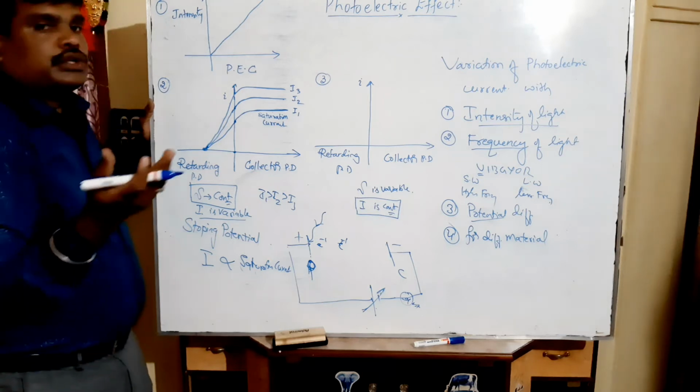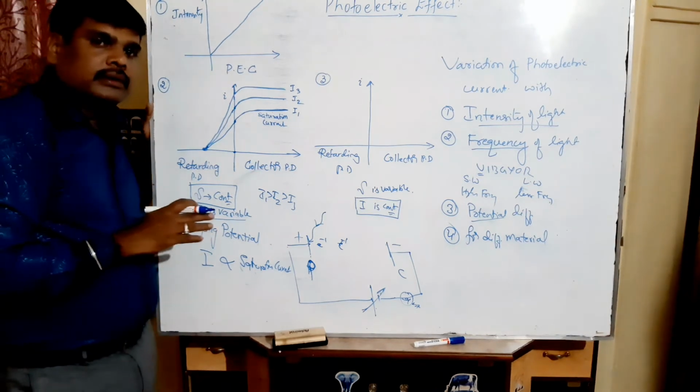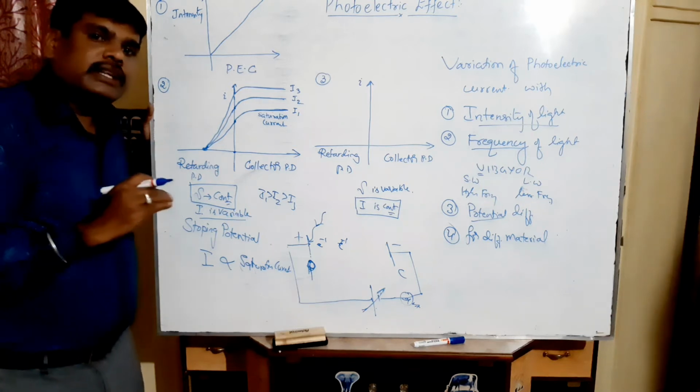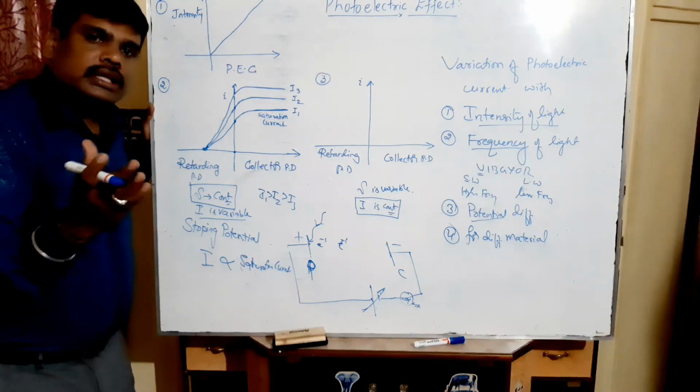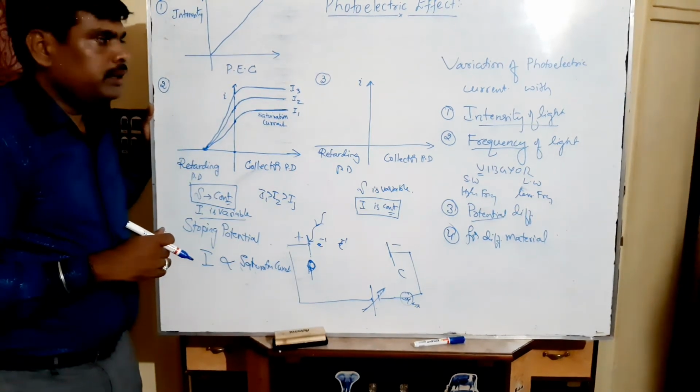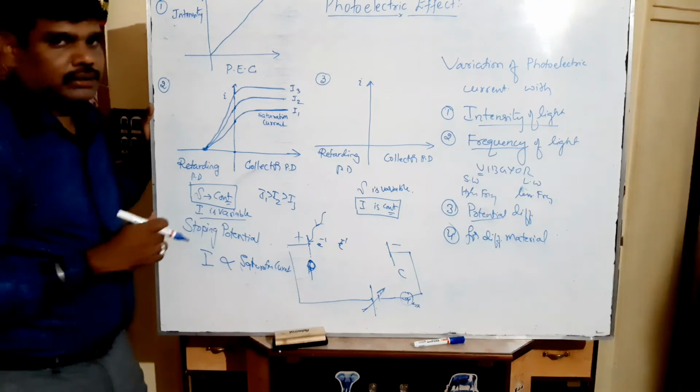If it is above the threshold frequency, only then is there a photoelectric effect. What is threshold frequency? There is a minimum frequency of light below which there is no photoelectric effect, above which there is a photoelectric effect. That minimum frequency is called threshold frequency.